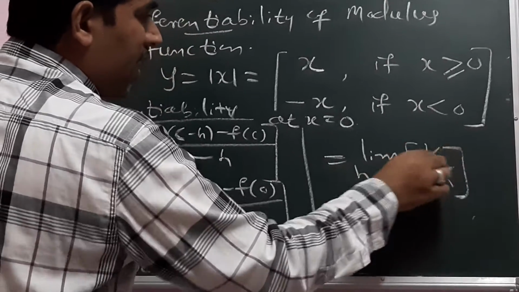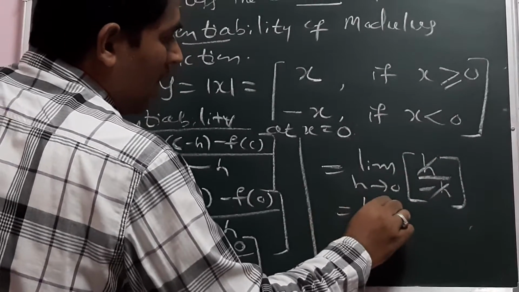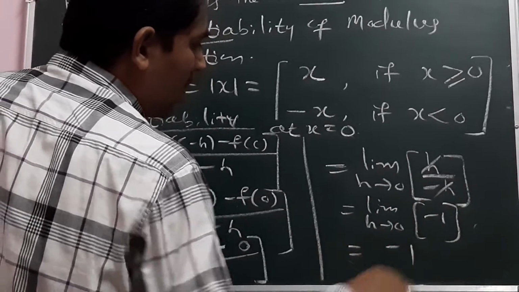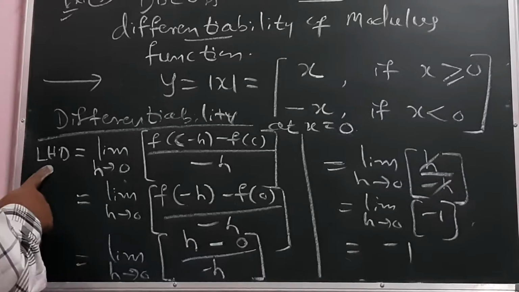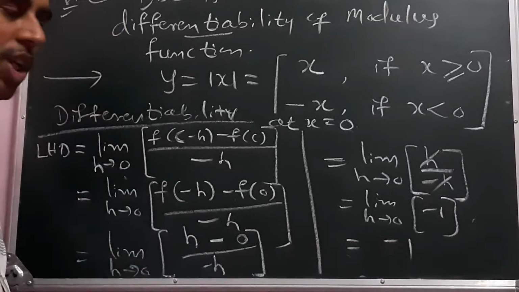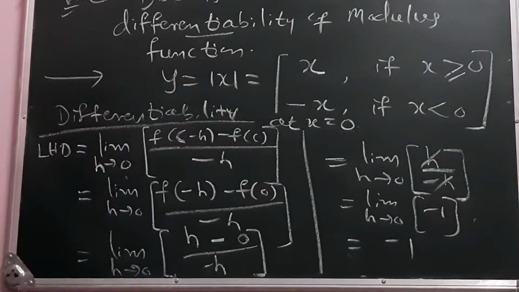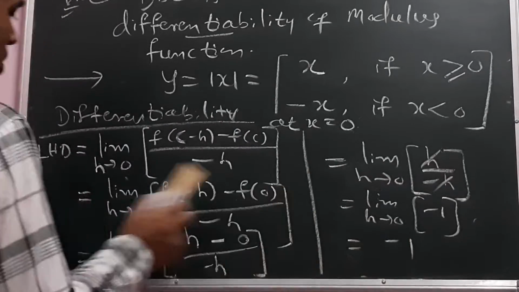Minus h as it is, so h gets cancelled. So what is left here? Limit h tends to 0 of minus 1. The limit of a constant function is the constant only, minus 1. So the left hand derivative of the modulus function I calculated as minus 1.